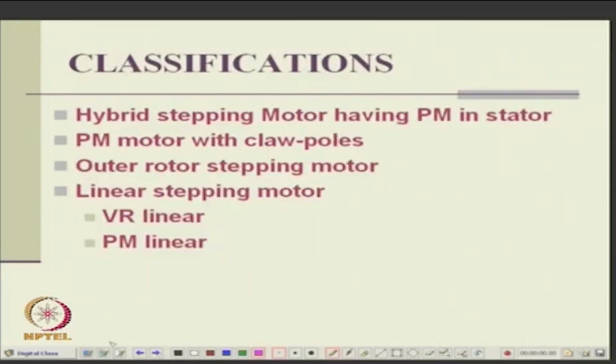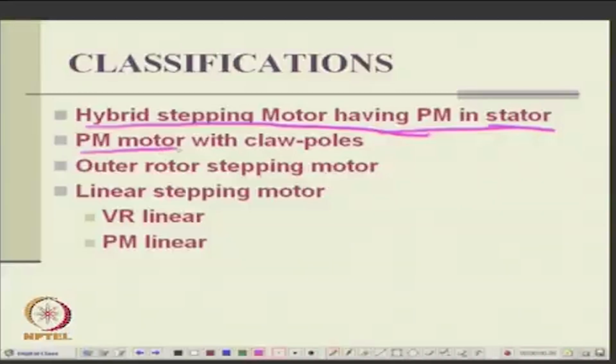Okay. Then hybrid stepping motors have PM in the stator. Okay. And there is also one variety, PM motor with claw poles, where poles are held like a claw pole. Then there is the outer rotor stepping motor, that means your rotor part is outside, like a ceiling fan.